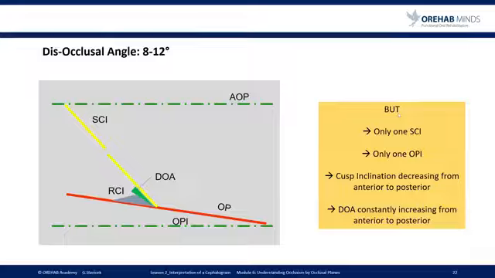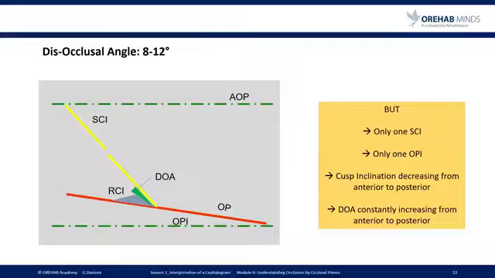What is the meaning behind? Because we have only one sagittal condylar inclination for the whole system. We have only one occlusal plane for the whole system, but we have different cusp inclinations decreasing from anterior to posterior, from 40 degrees to 15, 12 degrees in the third molar region.